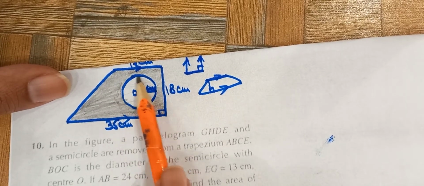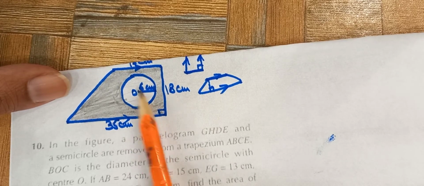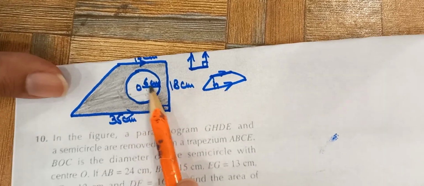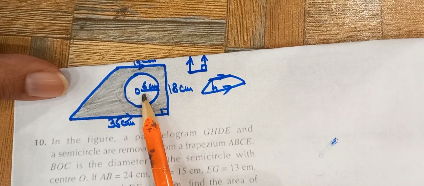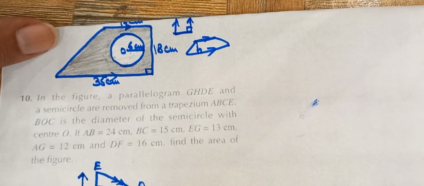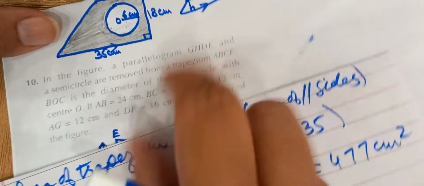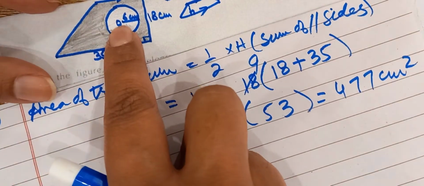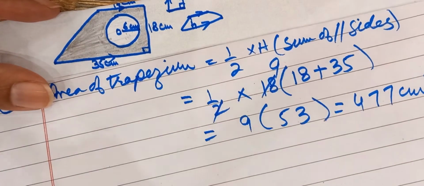So I don't have to calculate the area of this circle separately. I'm going to take out the area of this circle and subtract it from the area of the trapezium and get my answer. So the area of the circle, the radius of this circle is 6 centimeter. It is starting from origin O and joining the outskirt of the circle.